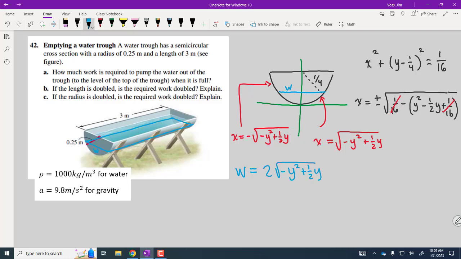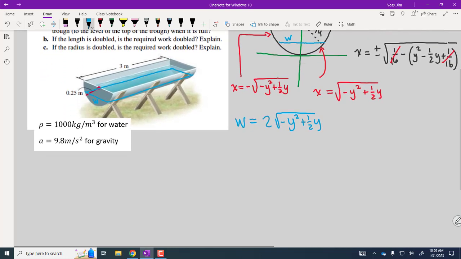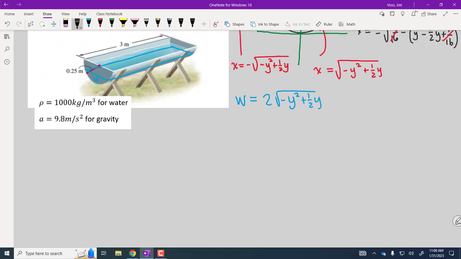Or you could say that full distance is literally just twice that. So you could just find the right side and double it. Same thing. Okay, so that then tells us the following. So let's go ahead and set up our work then. So work is going to be the integral of add volume.